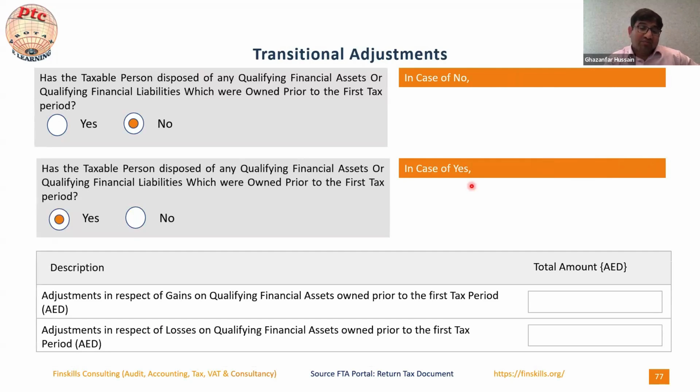Okay, what is this? This is the opening balance. What are the opening balances from the last financial year? That will be the opening balance of the accounting first tax period. So you have to do the analysis, working comprehensive, and keep the figures ready.